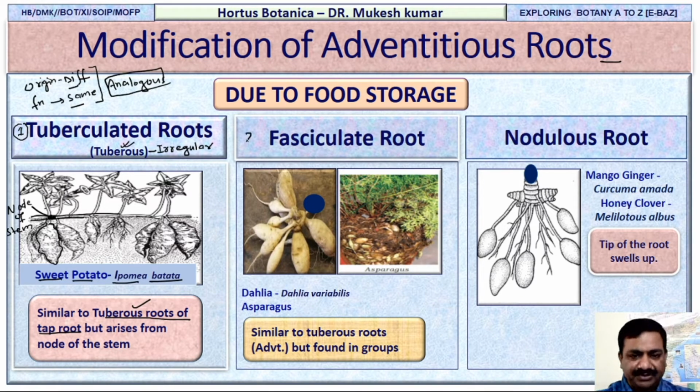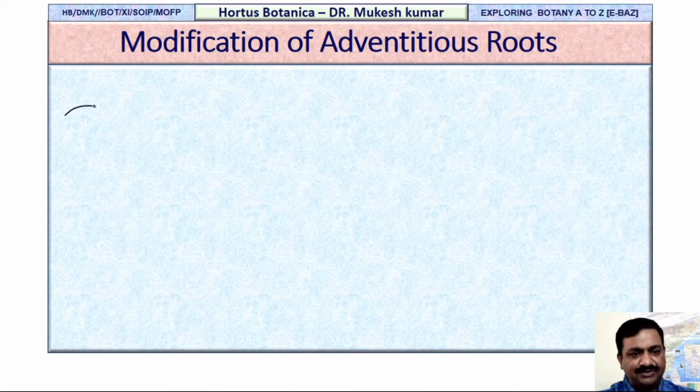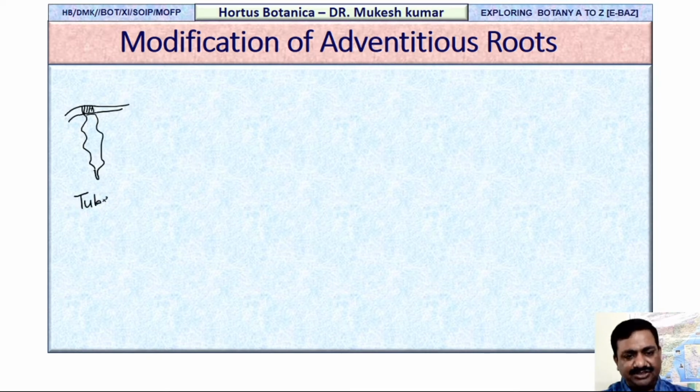Now move to the second and very interesting modified adventitious root. It is fasciculate root or fasciculated root, right? Now fascicle means to say group. What we will find here, we will find that, see, earlier I told you this is the node of the stem and irregular structure is coming like this, and we told it as tuberous root.